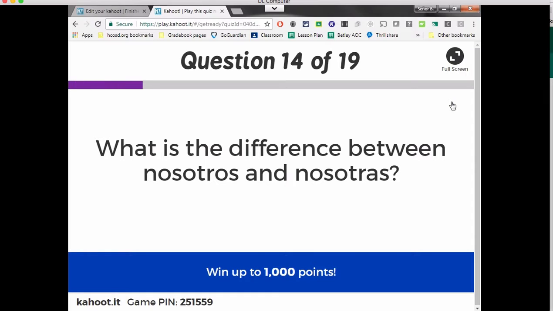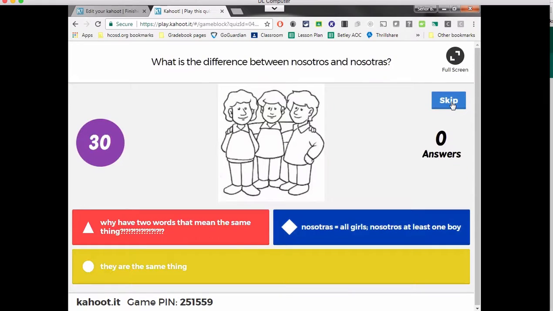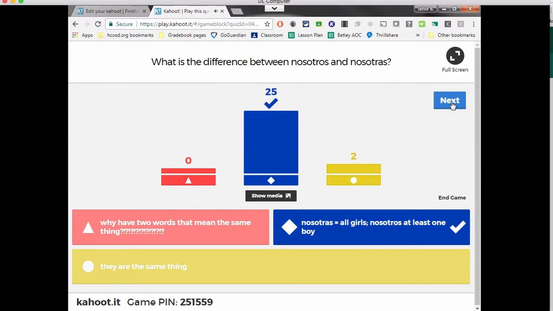So what's the difference? Difference is same as ellos and ellas. Nosotras, all girls, all feminine. Nosotros, at least one masculine noun.